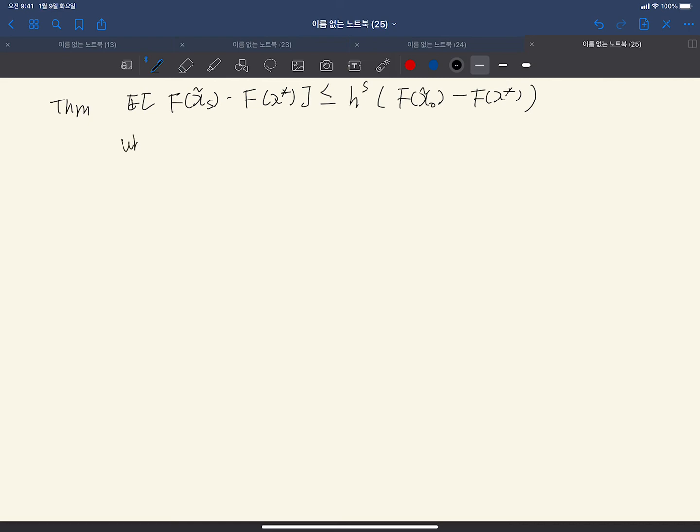Here h is equal to 1 over alpha times eta, the step size, times 1 minus 2 beta eta, times m, plus 2 beta eta over 1 minus 2 beta eta, which is strictly less than 1. We can make this so by using sufficiently large m and sufficiently small step size eta.